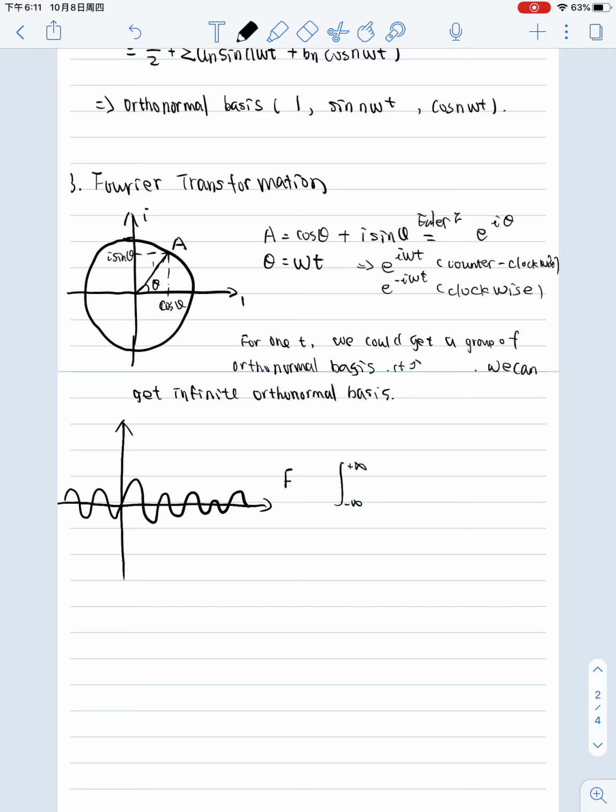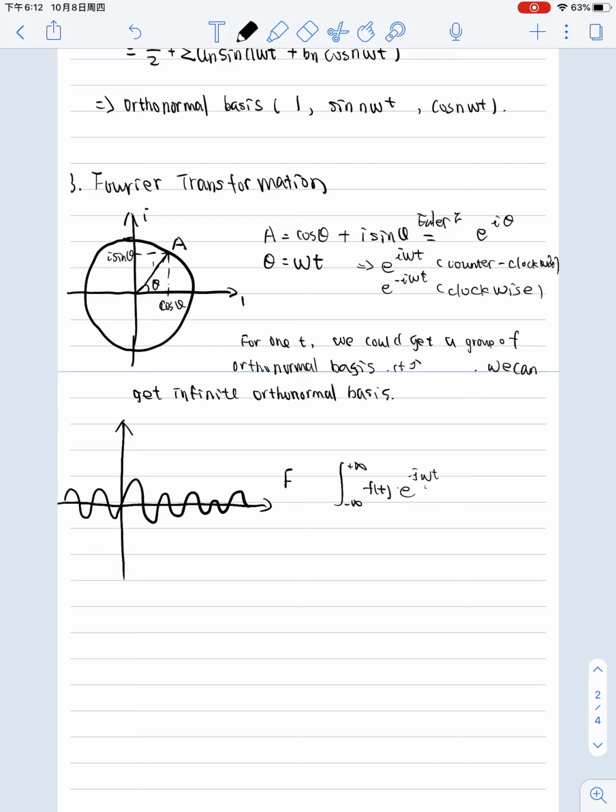We can do the integration from negative infinity to positive infinity of f(t), multiplied by this one.